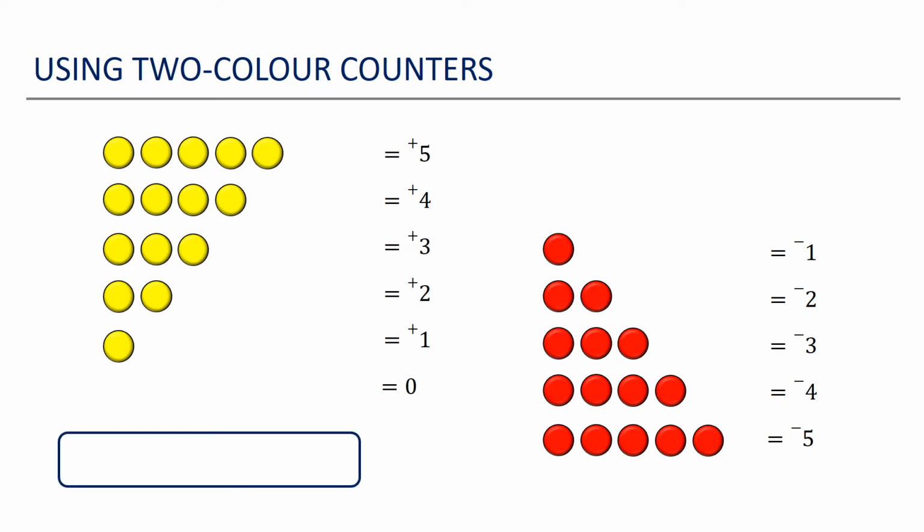A zero pair is when we have a positive and a negative. We can have more than one zero pair in any group of counters, but that's what a zero pair is, one positive and one negative. Essentially, when we're adding them together, they are creating 0.